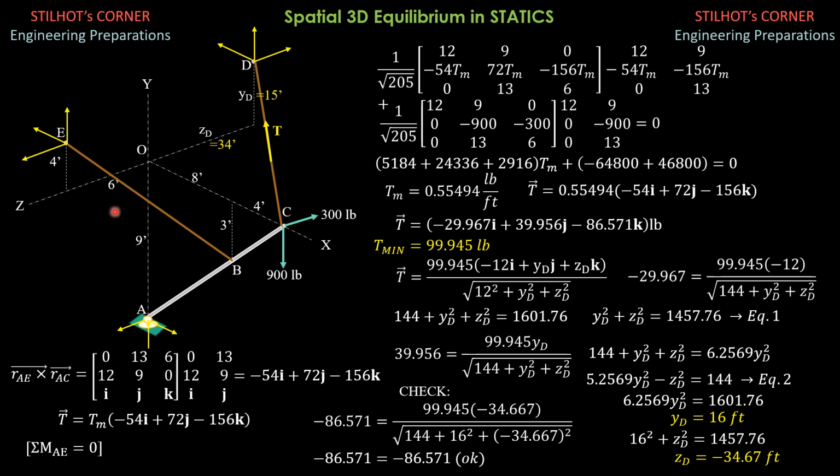So it should be through C and perpendicular to that axis AE. To define an axis perpendicular to the plane containing A, C, and E, remember that's a triangle, T should be perpendicular to that plane so that the moment arm will be great and T will be minimum.